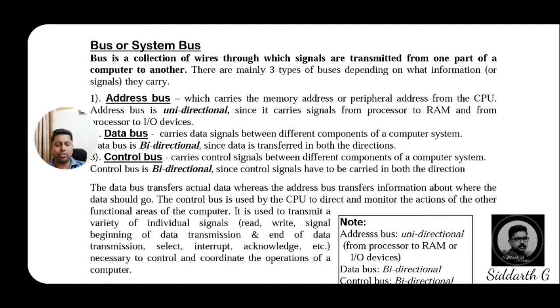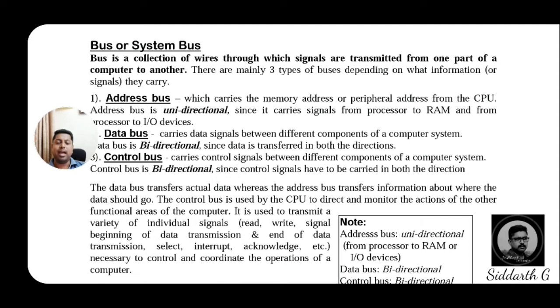Address bus is unidirectional, since it carries the signals from processor to RAM and from the processor to I/O devices, input output devices. So this is the definition for the address bus. It carries the memory address or peripheral address from the CPU. Address bus is unidirectional, since it carries the signals from processor to the RAM.